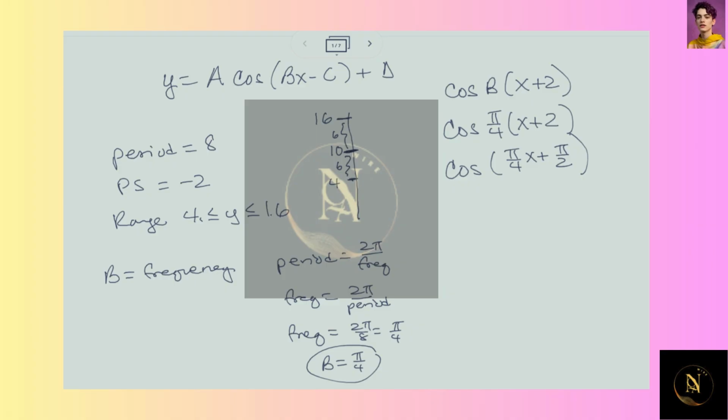So 10 is my vertical shift. That means my 10 is going to be adding to the function, and the 6 is my amplitude. And that is your function right there. Kind of like being a trig detective to put it all together.